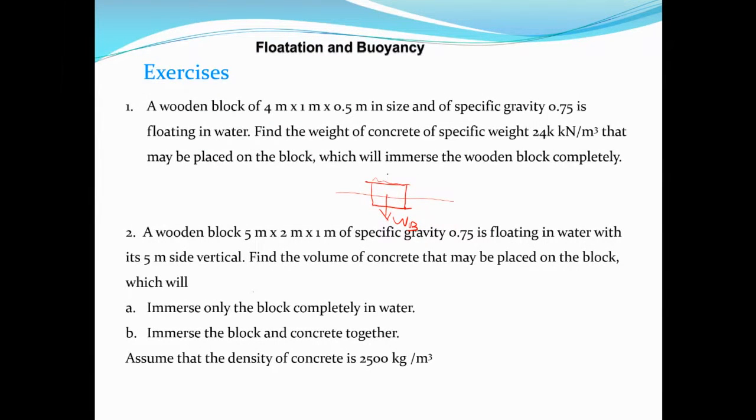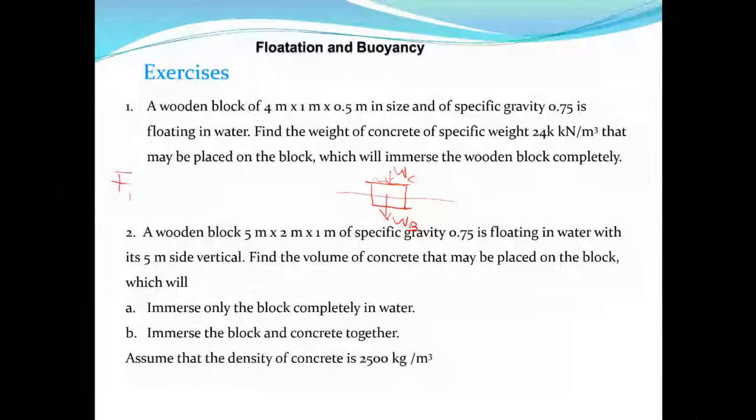When you add concrete on it, what is the weight of the concrete that can be added, which will immerse the wooden block completely? So in this case, the buoyant force will be equal to the weight of the block plus the weight of the concrete.